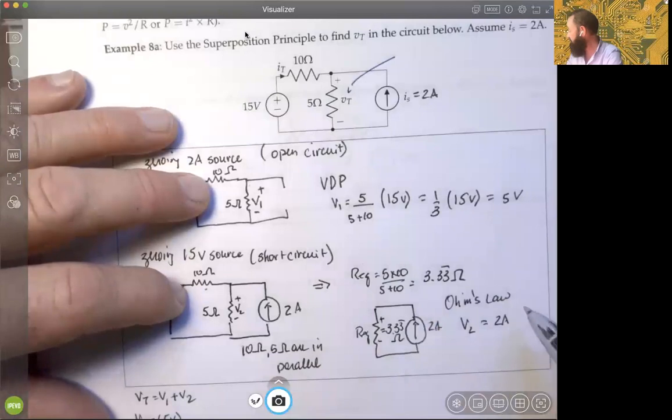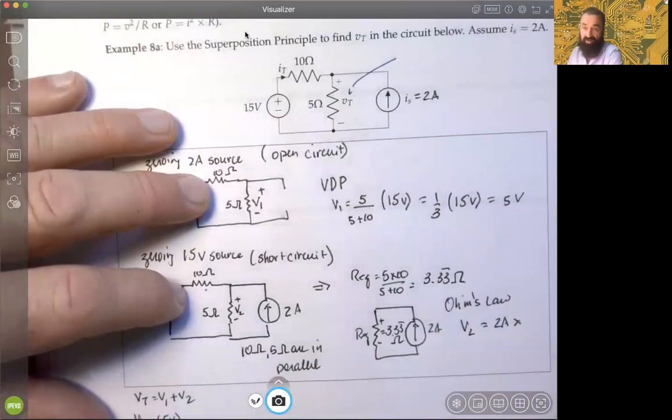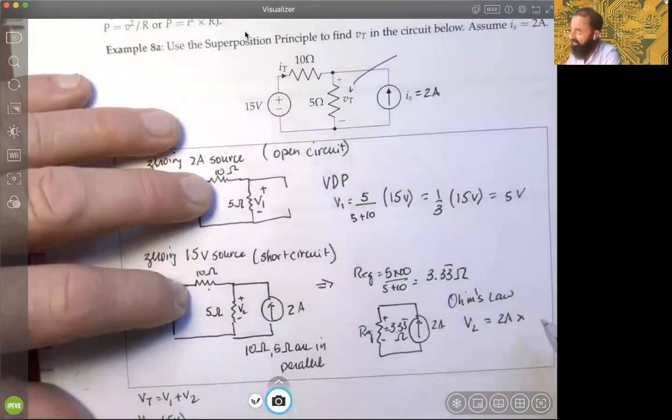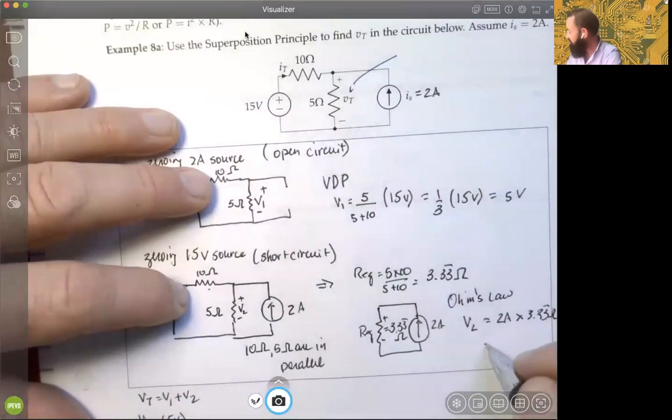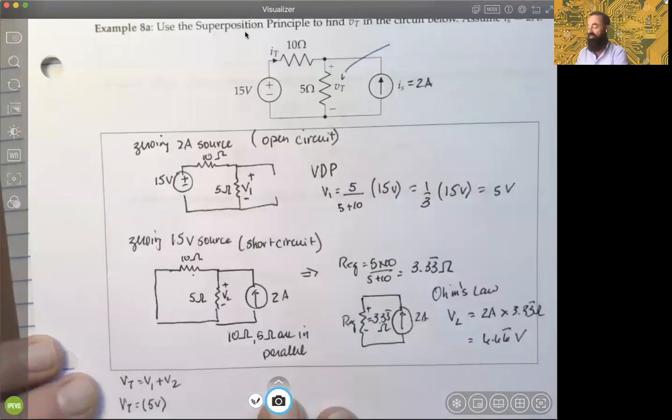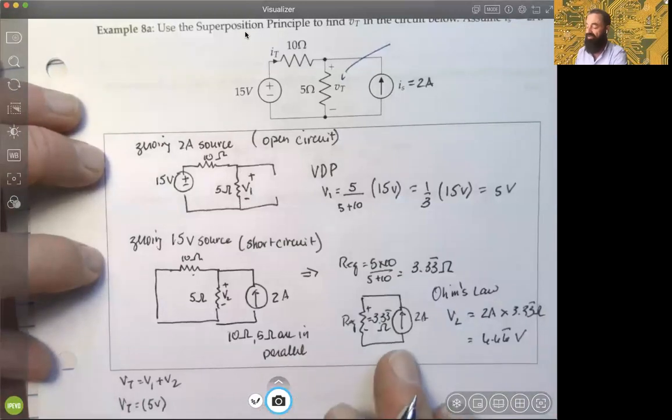We get 2 amps, so there's no need to insert a negative there. It's the straightforward Ohm's law. So it's 2 amps times the 3.33 ohms, and that's going to be 6.66 repeating volts. So you've got that response due to the 2 amp source.